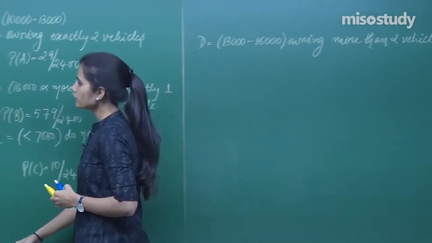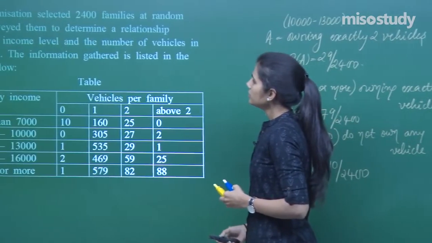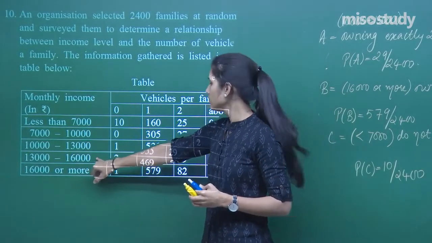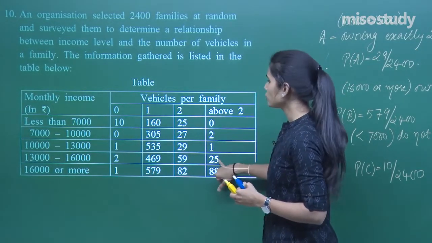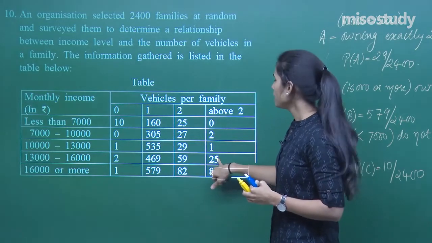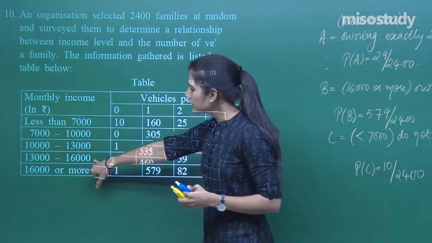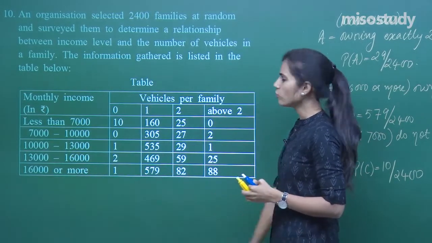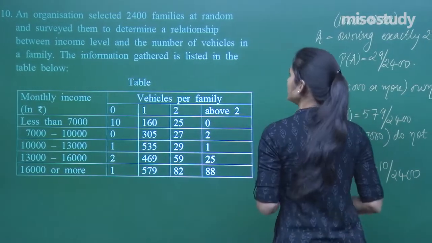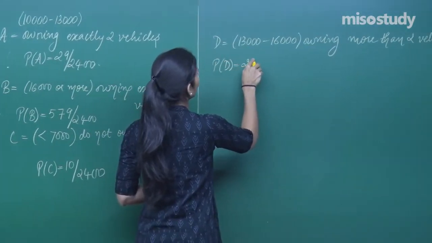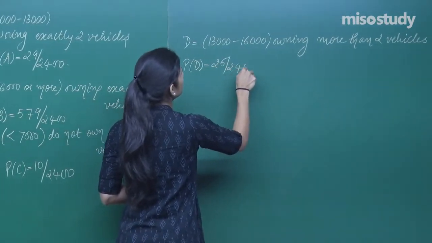Let's look at the situation in the data. Earning is between 13,000 to 16,000. Owning more than 2 vehicles are 25 families. 25 families are there out of 2,400 families whose earning is between 13,000 to 16,000 per month and they are owning above 2 vehicles. So, 25 upon 2,400 is the required probability.